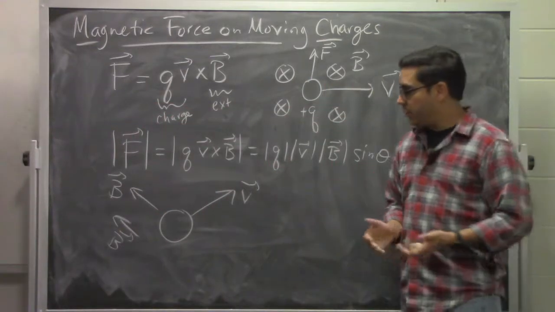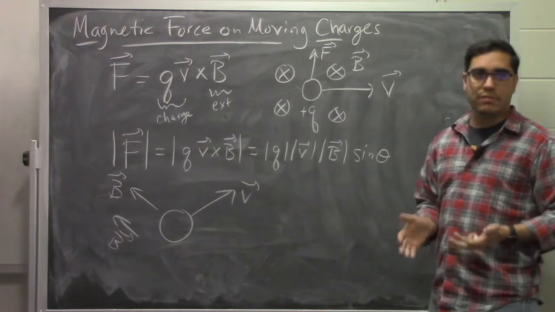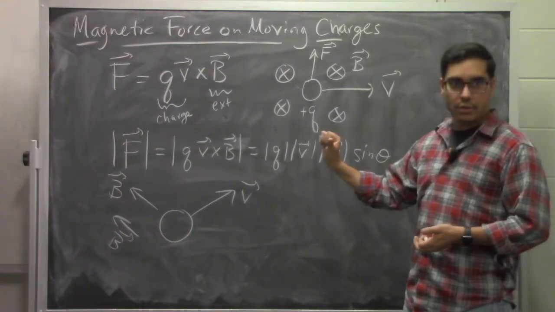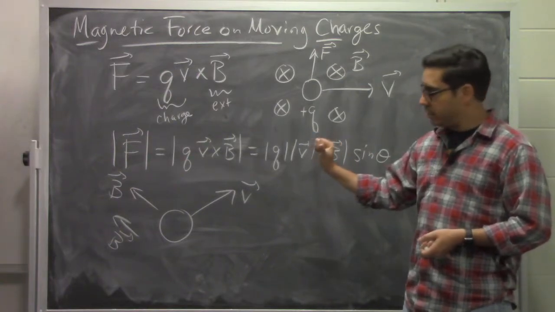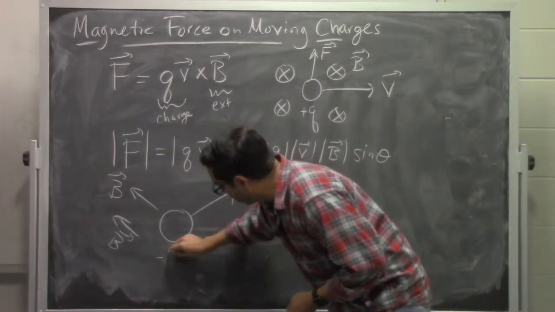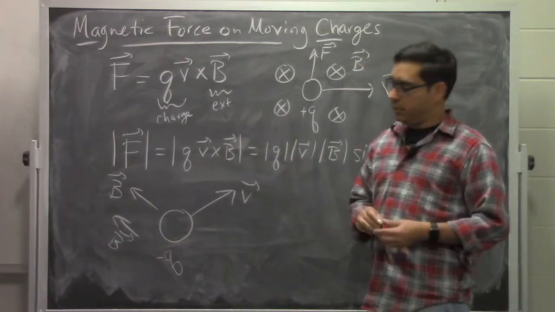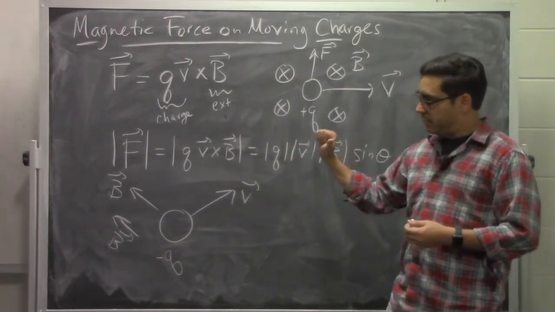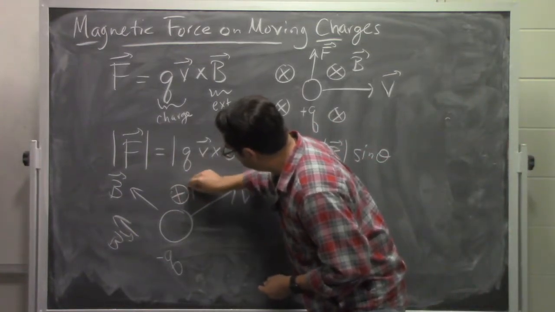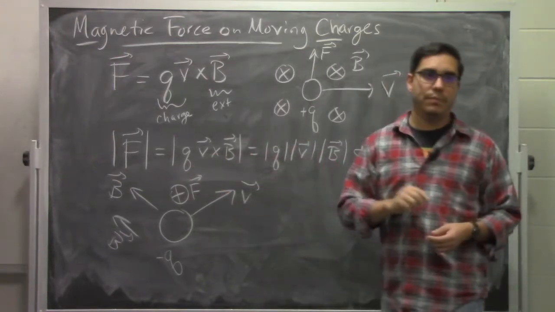So what's the direction that the force is going to point? Well, we have to know what the sign of the charge is, because V cross B points out of the board, but depending on the sign of the charge, it might point out of the board or into the board. In the case of this being a negatively charged particle, we would say it's V cross B, and then flip the sign so that the force that acts on this particle pushes the charge into the board.